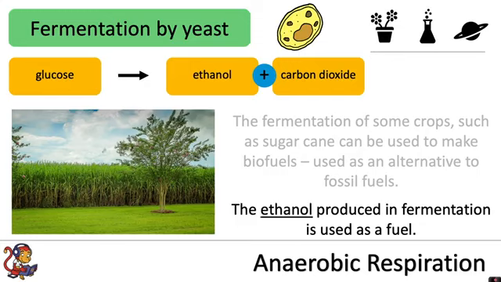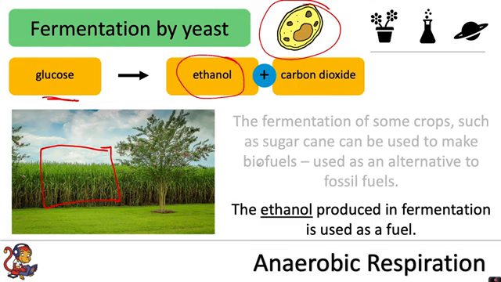So this is the sugarcane crop. They would harvest this crop, mix it with our yeast, and the yeast would break down the sugar in the crop, the glucose, and turn that into ethanol and carbon dioxide. And it's this ethanol which is used as a biofuel, and it can be used to power vehicles.